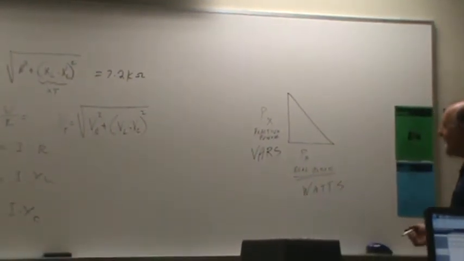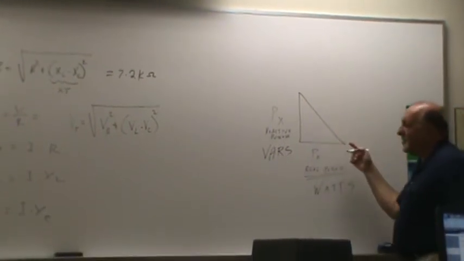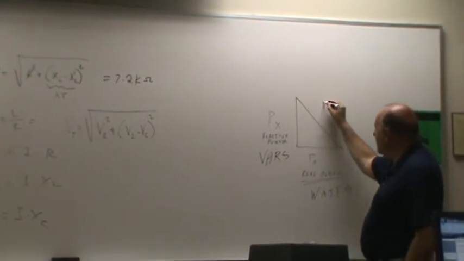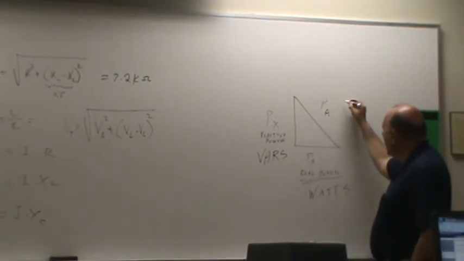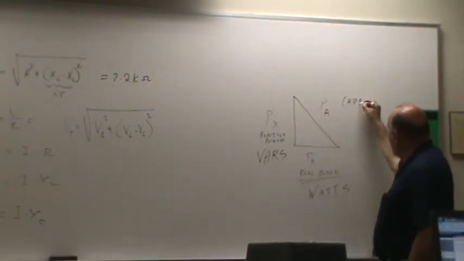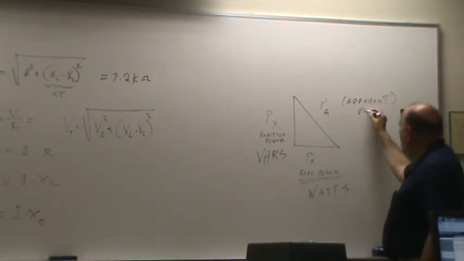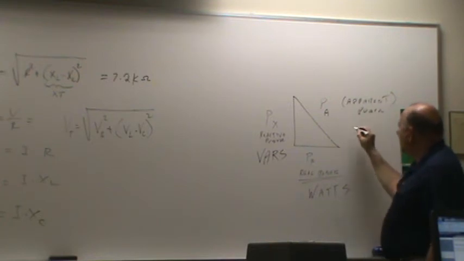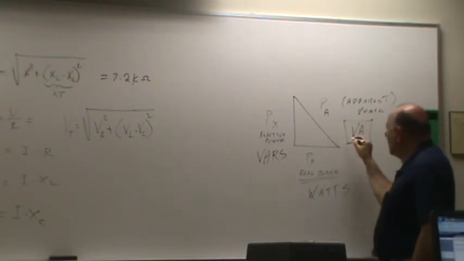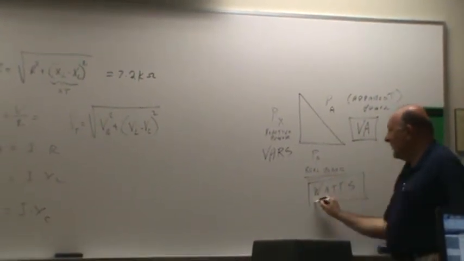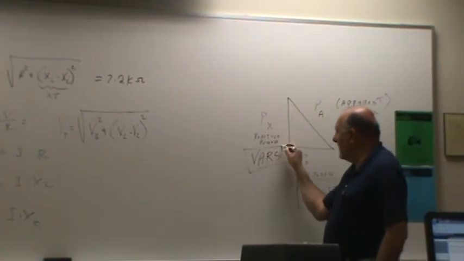Now, this happens to be actually total power, or we're going to call it apparent power, P sub A. And apparent power is VA. So we have VA, we have watts, and we have var.